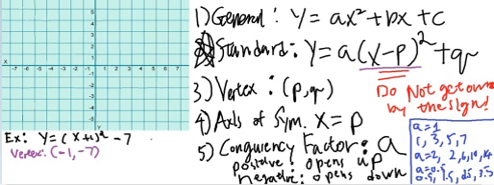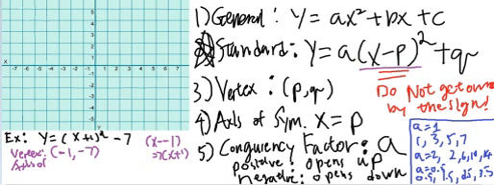So x minus what gives you x plus 1? x minus negative 1 gives you x plus 1. That's why p right now is minus 1. That's why I said do not get owned by the sign.